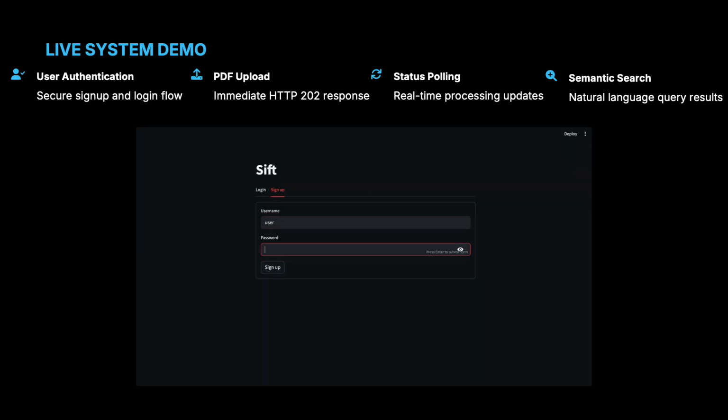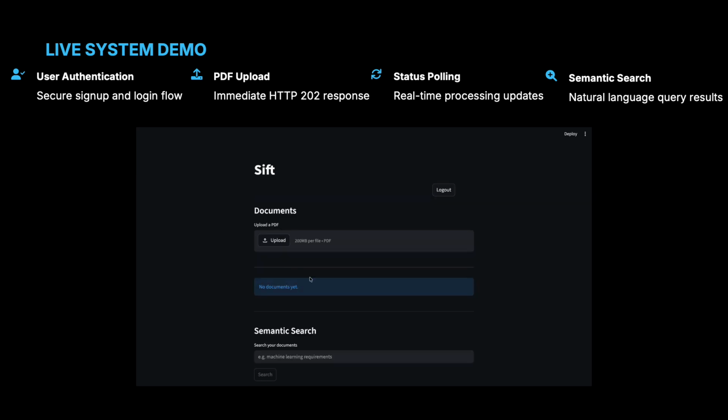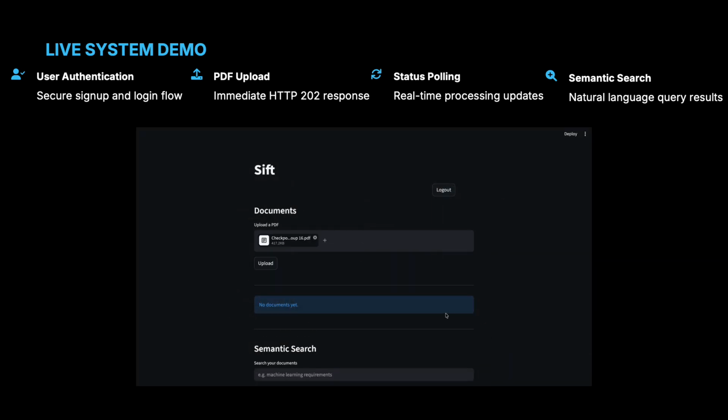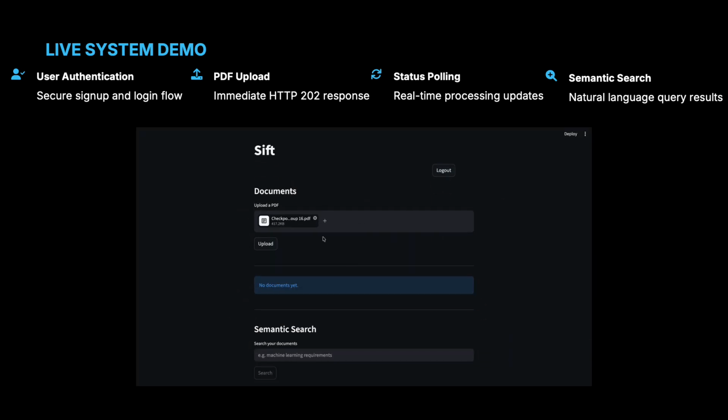Now, let's look at SIFT in action within a local development environment. You'll see our secure sign-up and login flow, followed by the PDF upload process. Notice how the UI provides real-time status polling since the processing is asynchronous. The user can see exactly when their document moves from processing to ready.